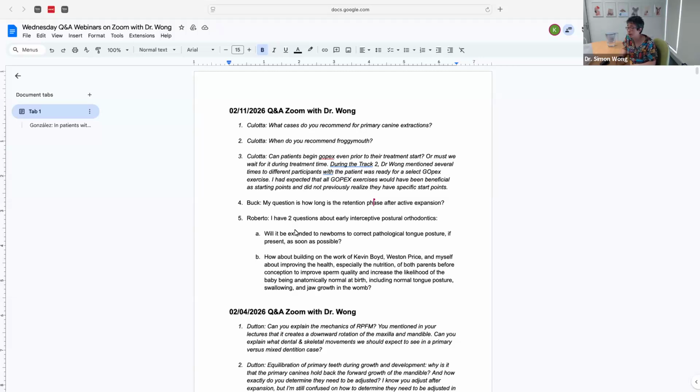Now, can one apply the concepts of correcting posture for children younger than 4 years of age, inclusive of infants? And the answer is yes, of course. What are some of the things that I suggest to ensure that posture and function is not compromised in those early years?